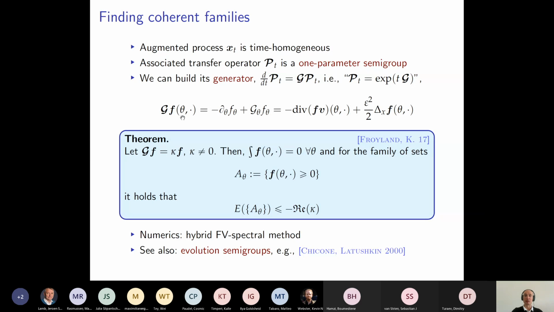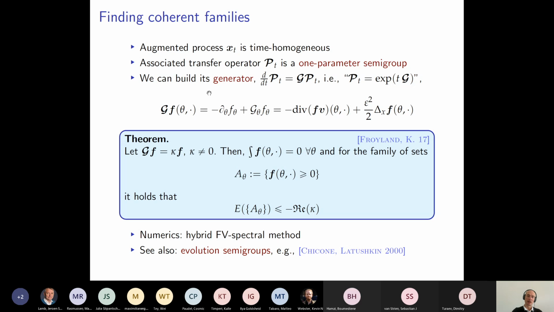But let me not get there, because I would like to tell you other things, and I will not require this on this high level of how I'm introducing things. But as many of you probably know and suspect at this point, this generator is nothing else than the Fokker-Planck operator, or the Kolmogorov forward operator, associated with the stochastic differential equation, which can now be written in a time slice-wise setting.